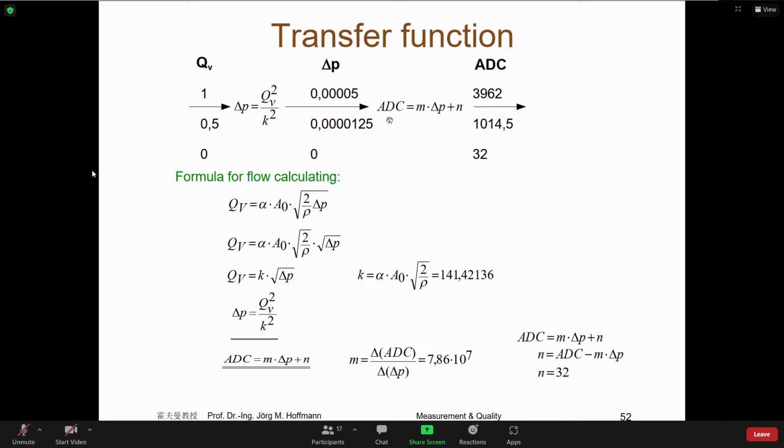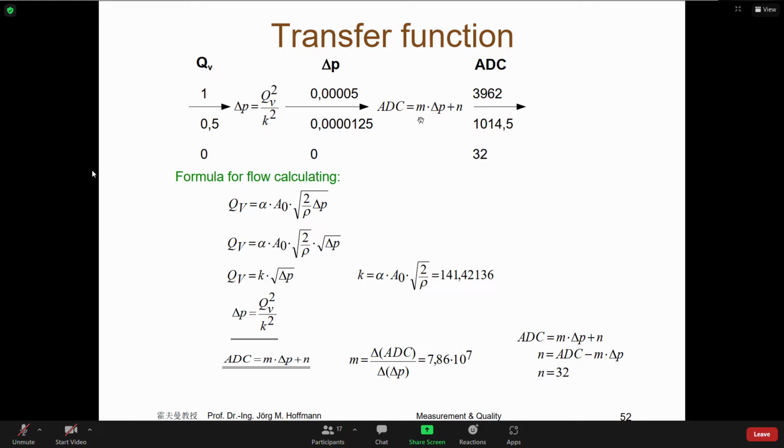And then you go into the electronic with the amplification, with the ADC number, and we said this is linear. The electronic is linear. For practical applications, you can say in absolutely most cases, it is true that the electronic is linear.